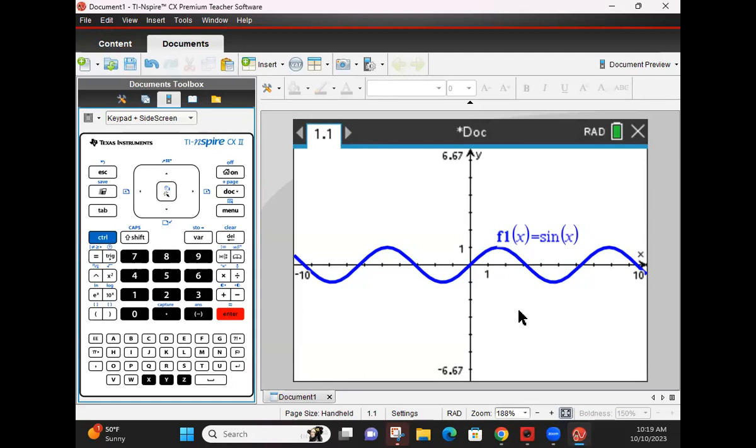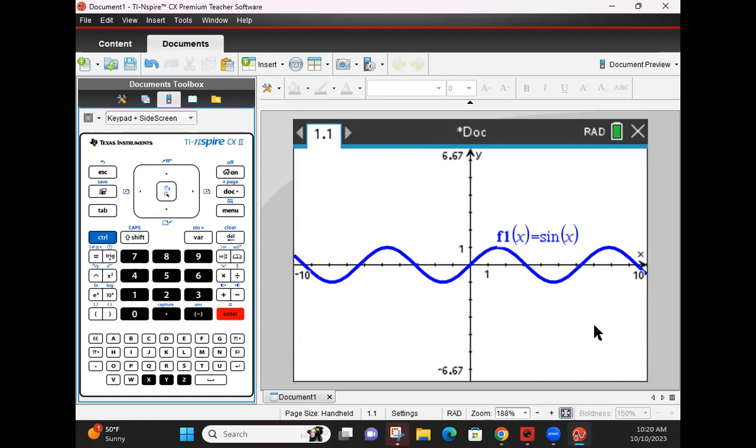Pi is approximately 3.14, so divide that by 2, and I'm getting something a little bit bigger than 1. And then we're back down on the x-axis just past 3, which should make sense because sine is 0 again at pi from our unit circle. So we're seeing all that here, but in a different scale than we're used to.